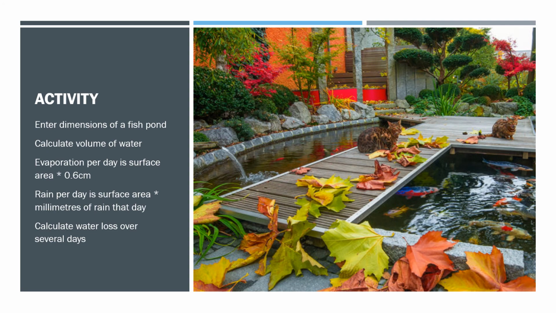And then you could calculate how much water would be lost, and that would tell the person who owns the pond how much water they've got to pour into the pond through the pipe that you can see on the left. So to get this right, there are only 2 or 3 crucial factors that you need to calculate and then present it in a form which is useful.